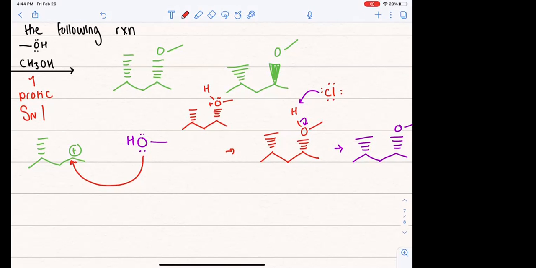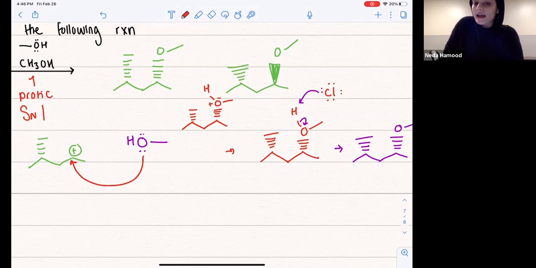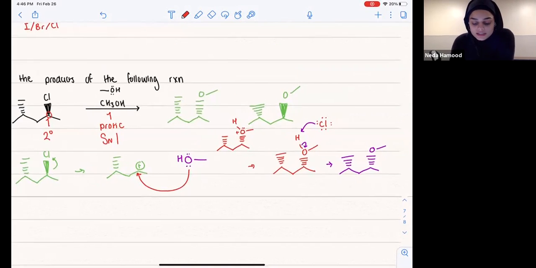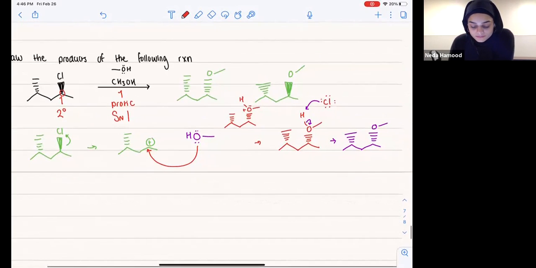So when I actually had this question, we hadn't learned E1 reactions yet at all. So for this one, I didn't put the elimination product, but since this is, what is that, a weak base?